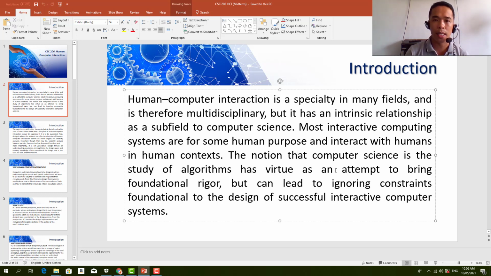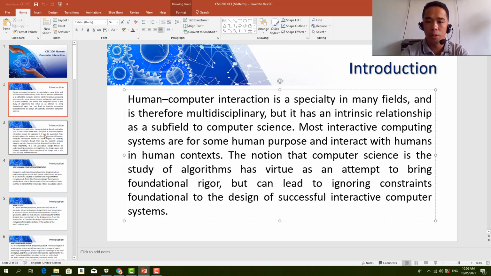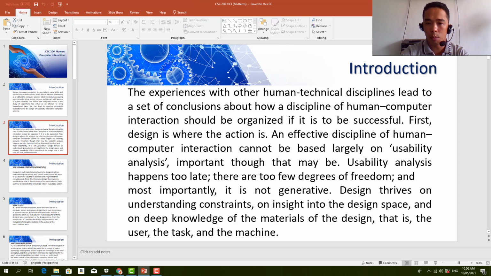In that way, our efforts will not be wasted on what we have made. The experiences with other human technical disciplines lead to a set of conclusions about how a discipline of human-computer interaction should be organized if it is to be successful.